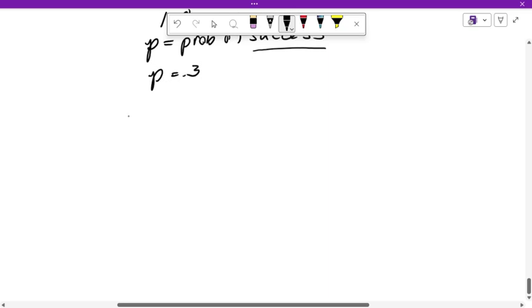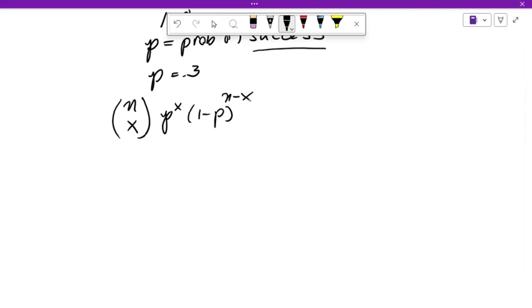This is the binomial probability. And in statistics, they usually use an X. The n combinations X is the number of ways it can come out.